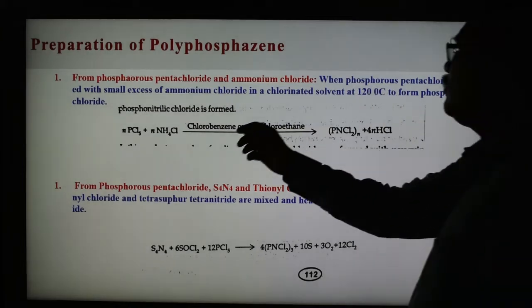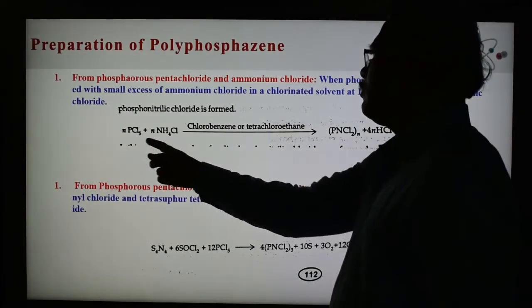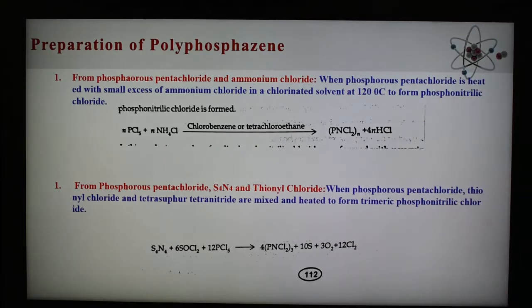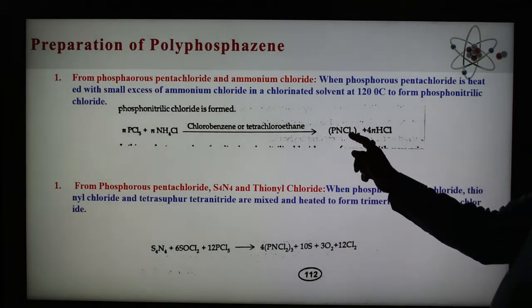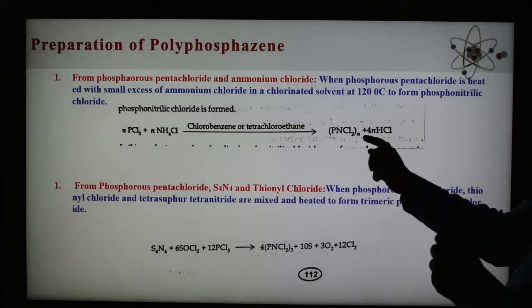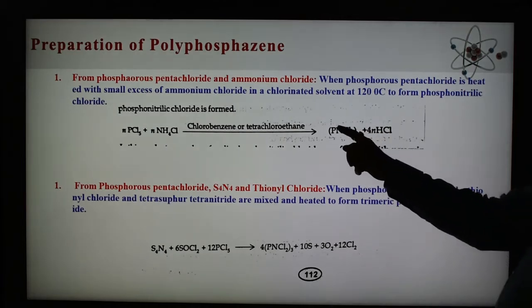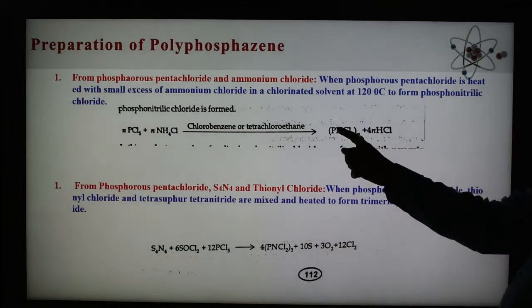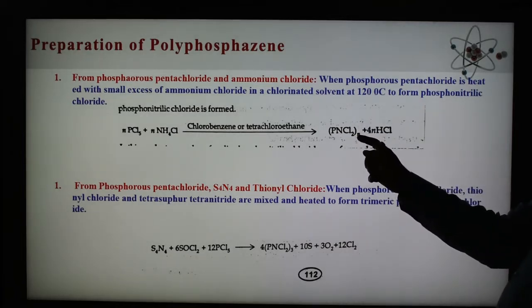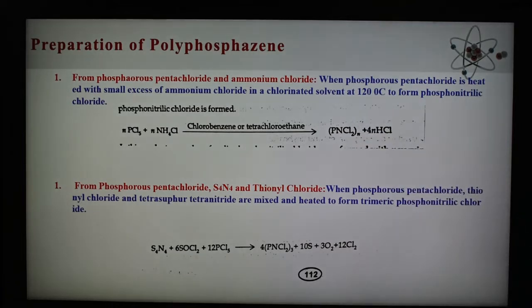So phosphorus pentachloride and ammonium chloride in the presence of tetrachloroethane or chlorobenzene form this type of polymer. HCl is removed, giving (NPCl2)n, where n may be 3, 4, like that. This is the general molecular formula of the polyphosphazene: (NPCl2)n, where 3 is the trimer, 4 the tetramer, like that.